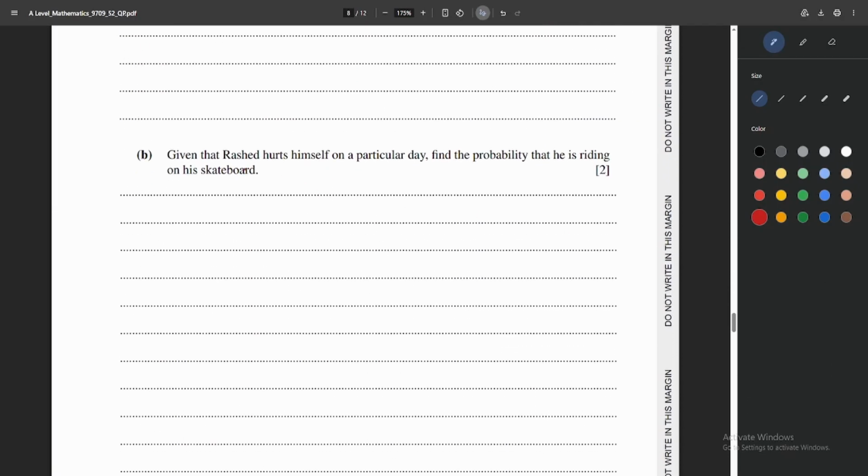This question asks that, given that Rashid hurts himself on a particular day, find the probability that he was riding a skateboard. So how do we do that with the formula? It is the probability of both of them happening, him riding his skateboard and getting hurt, divided by the probability of him getting hurt.